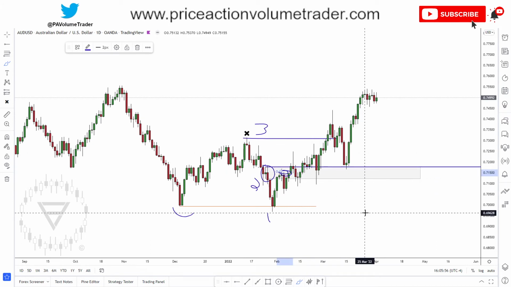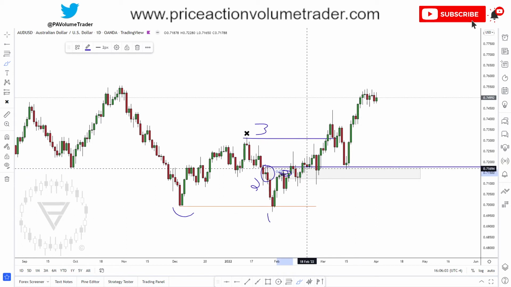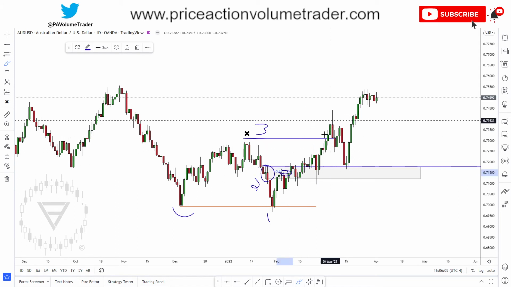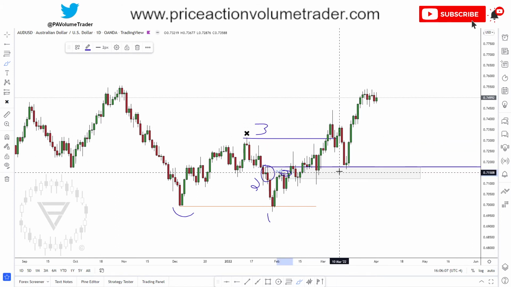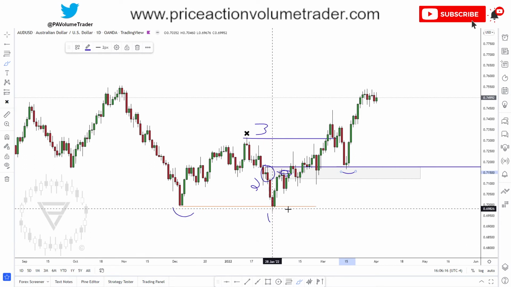A breaker is a failed area of support or resistance. In this case, we break market structure, and now we look for an entry coming back into the last up candle that caused the sweep of step 1.